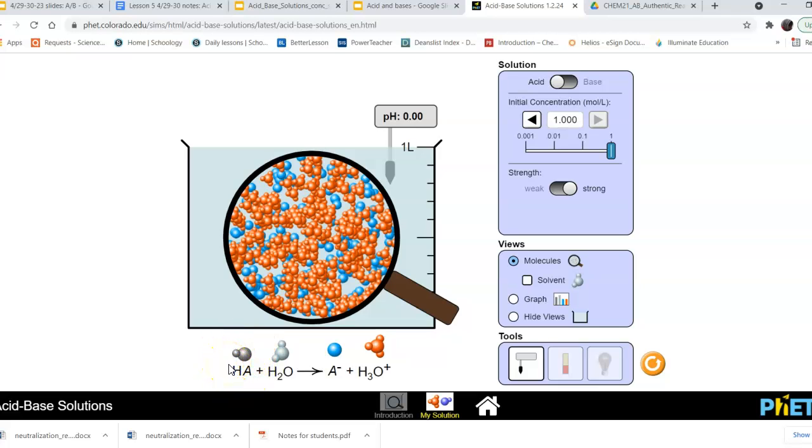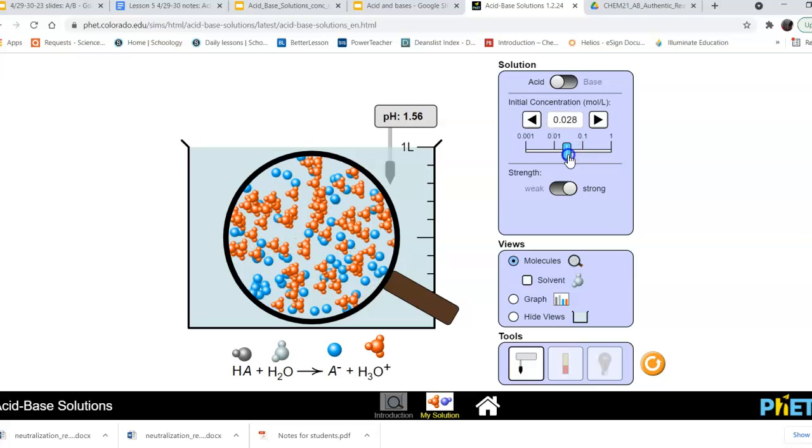Okay, because as soon as it hits the water, it dissociates, it does not turn back, there's no equilibrium. All you see is the conjugate base as well as the hydronium ion. And the same thing applies here. So as you decrease the concentration, you're removing hydronium ions, right?